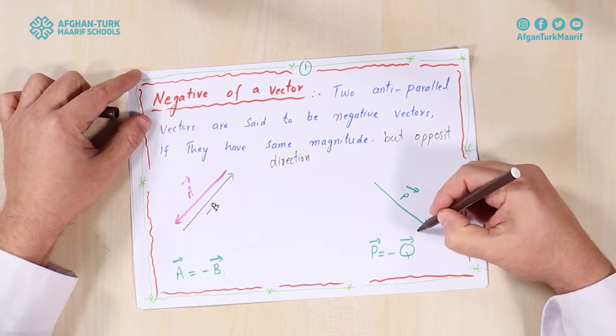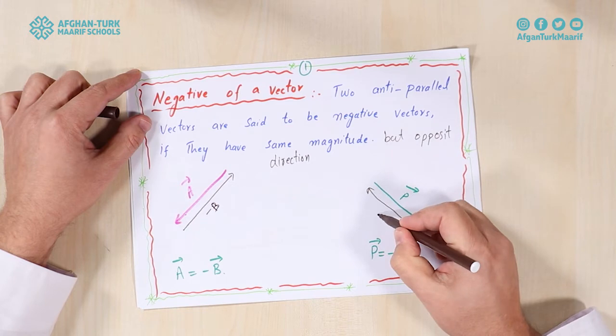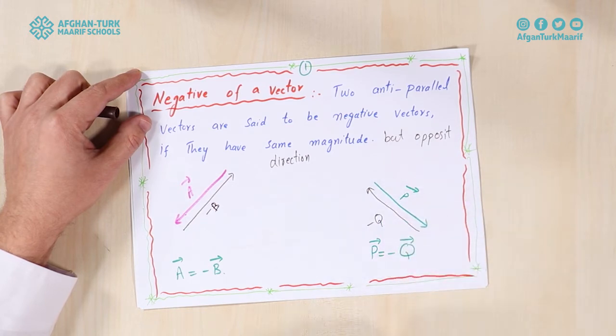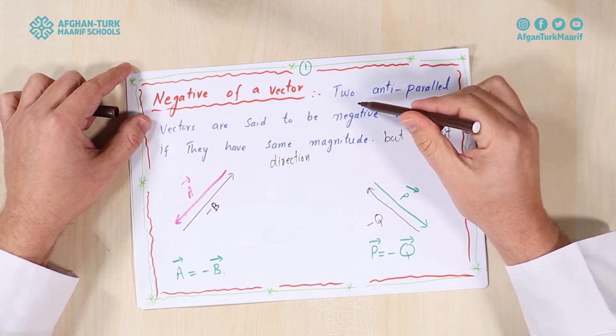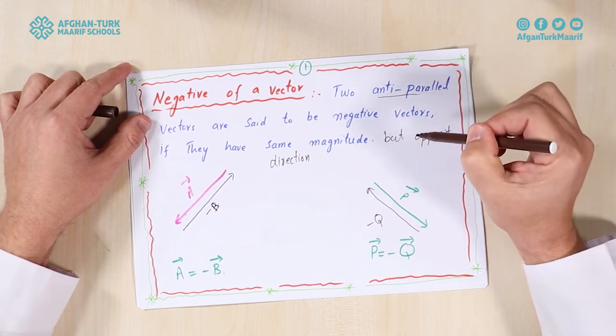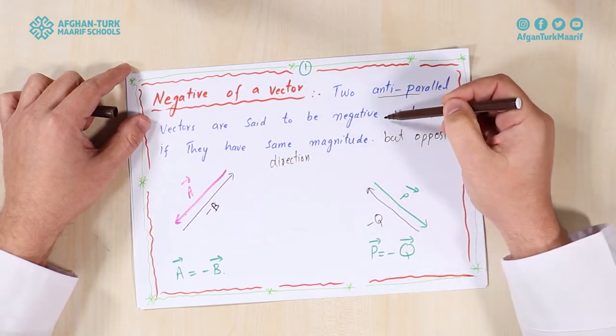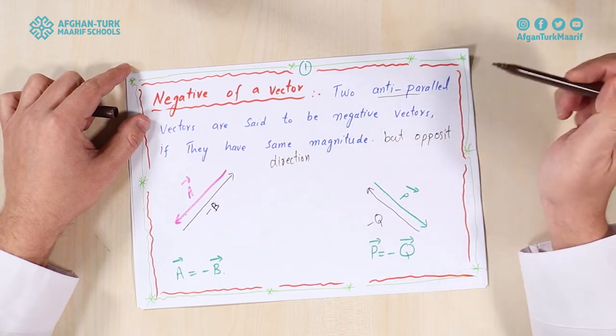Simple, just change the direction of P. So this will show the negative of vector P. Here again we discuss two anti-parallel vectors. Anti-parallel means opposite. Vectors are said to be negative vectors if they have the same magnitude but opposite direction.